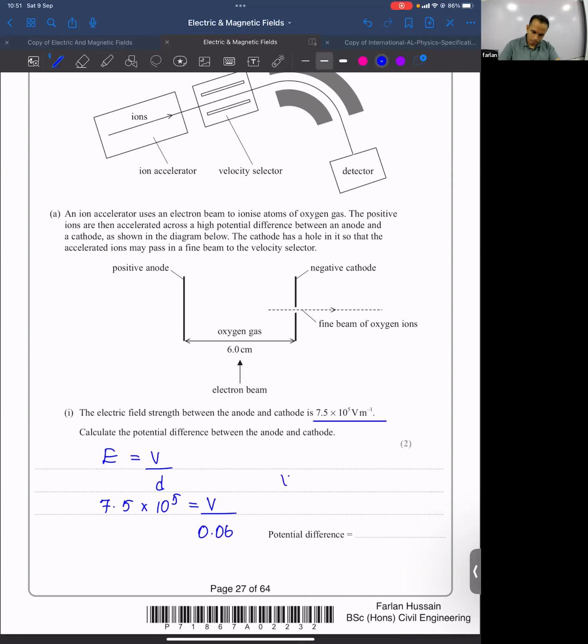Cross multiply, you will get the potential difference between the plates. 45,000 volts. That is the potential difference between the anode and the cathode.